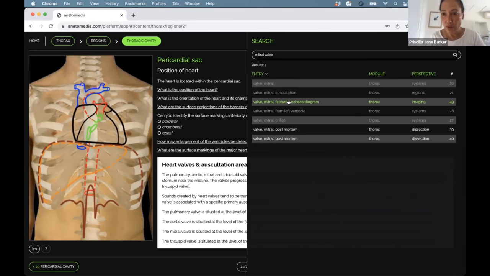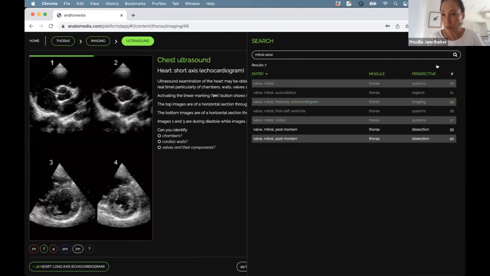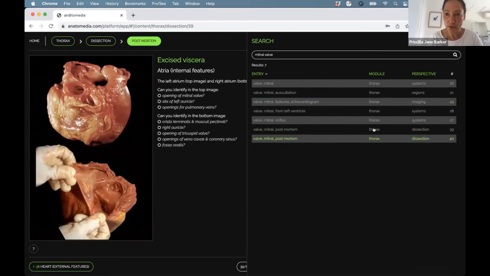And then also, if you wanted to see more of an image of the mitral valve, you could go to imaging, and here we can see an echocardiogram of the mitral valve and what features it has there. So you can see how you can really compare a dissection of the mitral valve with a medical image or a more theoretical perspective.